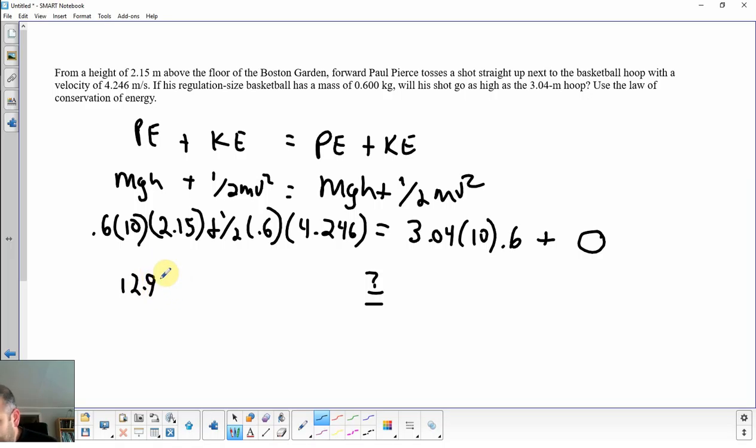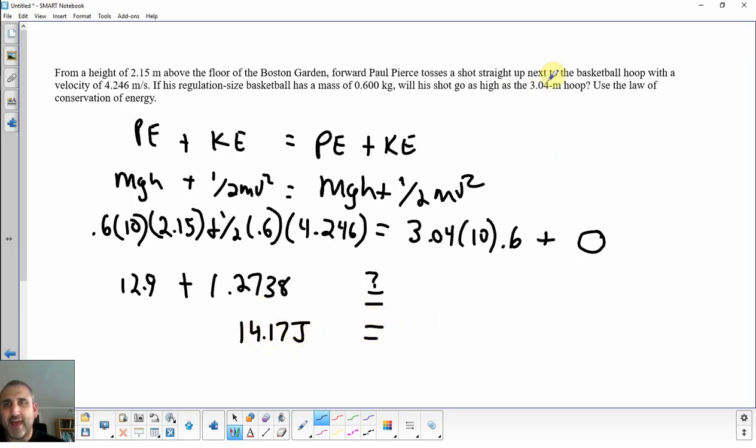And 0.5 times 0.6 times 4.2 squared, that is 1.2738 joules. And total, that is 14.17 joules. So Paul Pierce gives the ball 14.17 joules.